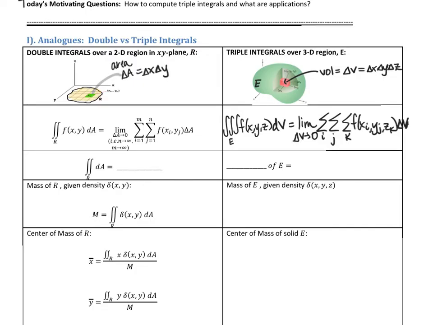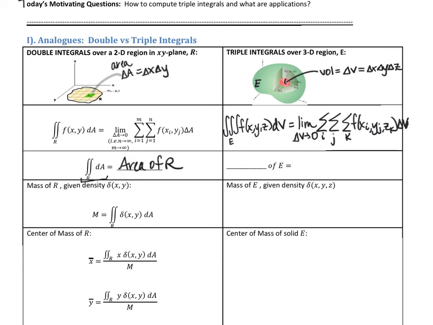So let's look at some applications and compare them for double integrals versus triple. So we learned that if I just have an integrand of 1 over here with a double integral, then that's equivalent to chopping up this region into a bunch of little sub-rectangles, adding up the area of all those rectangles, taking the limit as they get smaller and smaller, and that's going to give me the total area of the region.